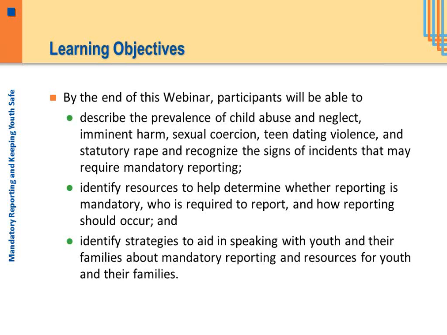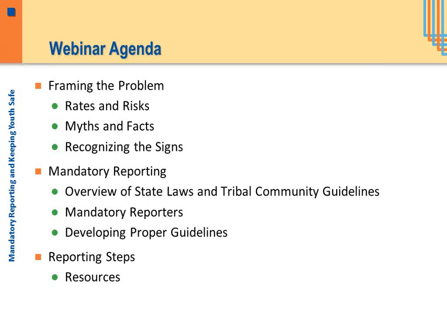It will also be to identify resources to help you determine whether reporting is mandatory, who is required to report, and how reporting should occur, and identify strategies to aid in speaking with your youth and their families about mandatory reporting.